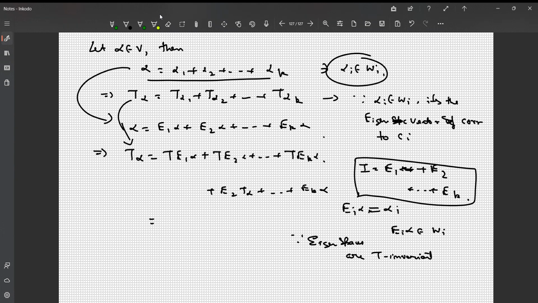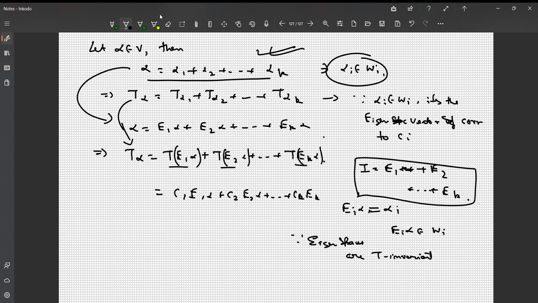We can commute these operators because each eigenspace is T invariant, but it's of no use in this case because alpha is chosen to be an arbitrary vector from V. We are not dealing with alpha i's here. So it trivially follows from the fact that each Ei alpha is an element from Wi.